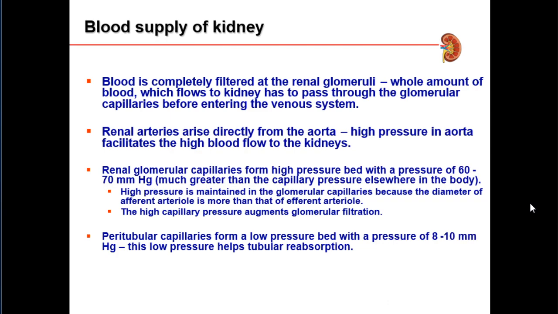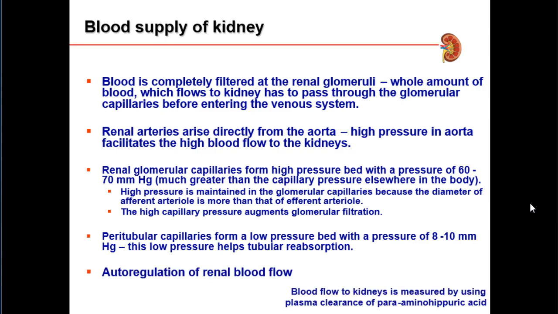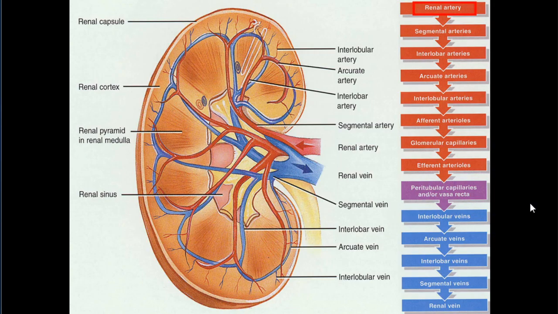Peritubular capillaries, as I've mentioned before, form a low pressure area with the pressure of about 8 to 10 millimeters of mercury, and this low pressure helps tubular reabsorption. Kidneys have a perfect autoregulation of the renal blood flow, and blood flow to kidney can be measured by using plasma clearance of para-aminohippuric acid.